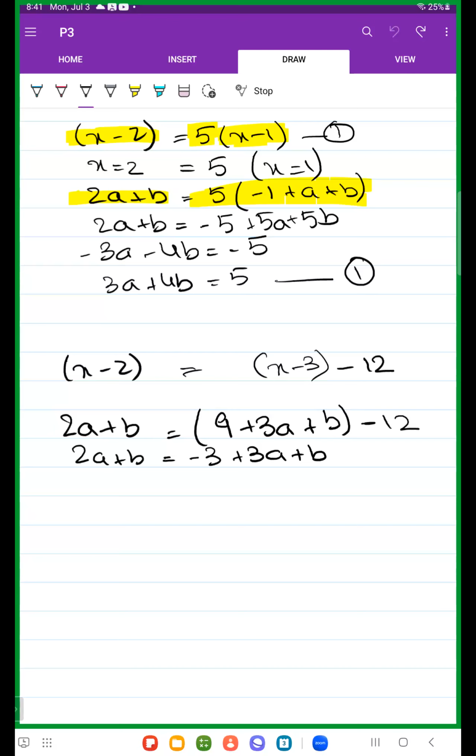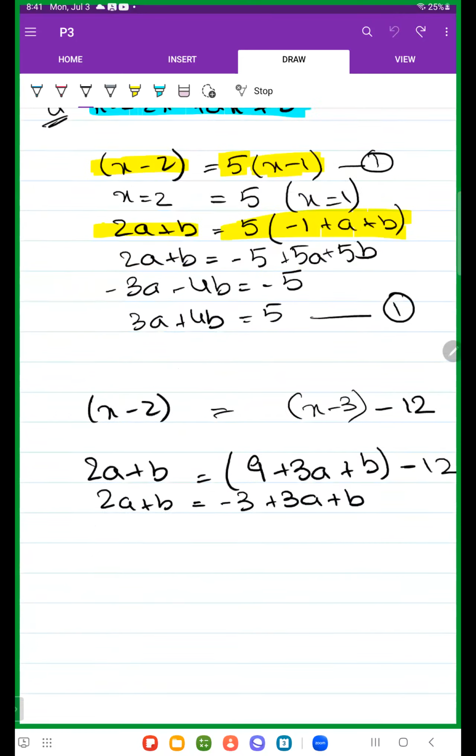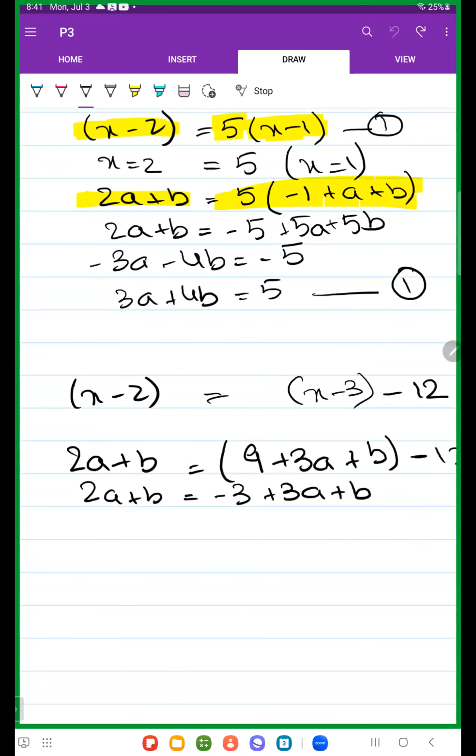When you bring this p over, why do you have minus p on the right hand side? The main equation has a plus p, right? Oh, okay. Yeah. Change that. So you'll be left with minus a is equal to minus 3.